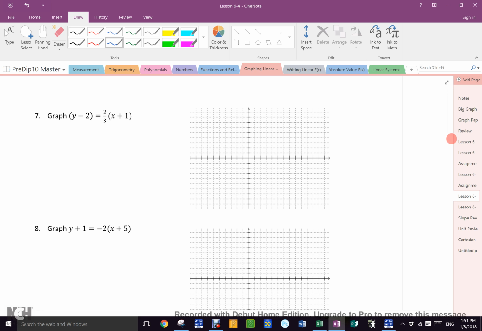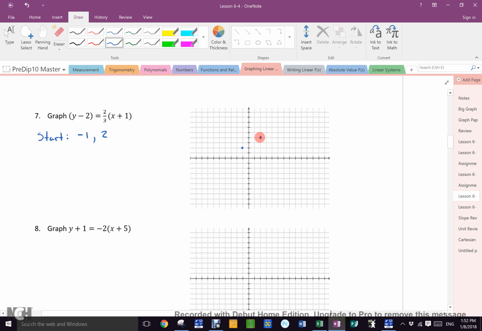But instead of starting at 0, comma, y, we're starting at what point here? -1, 2. So if I go to negative 1, 2, and then what? Go up 2 and then run 2, like to the right 2.